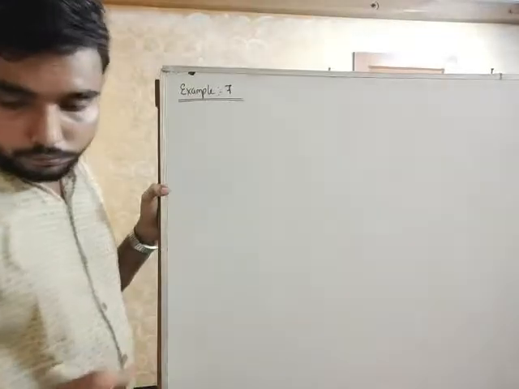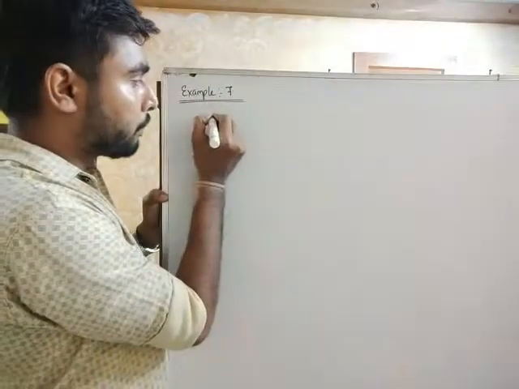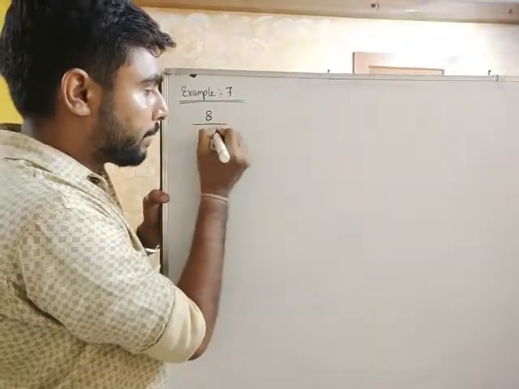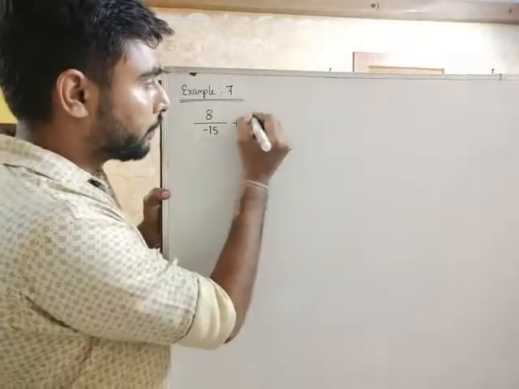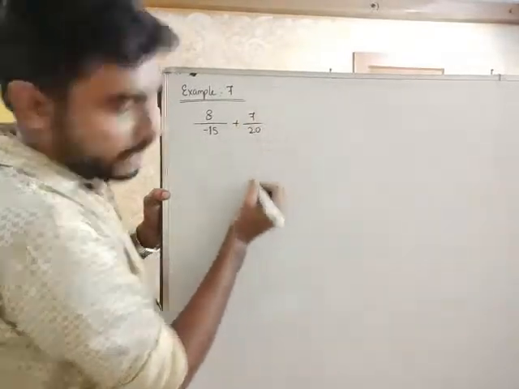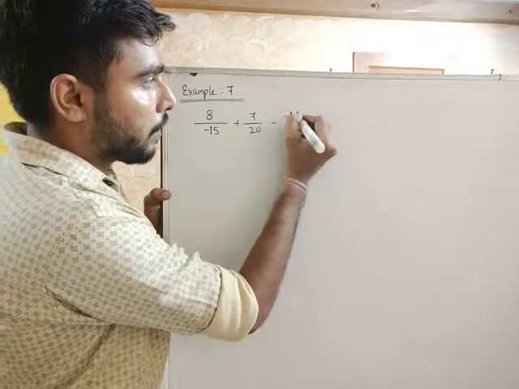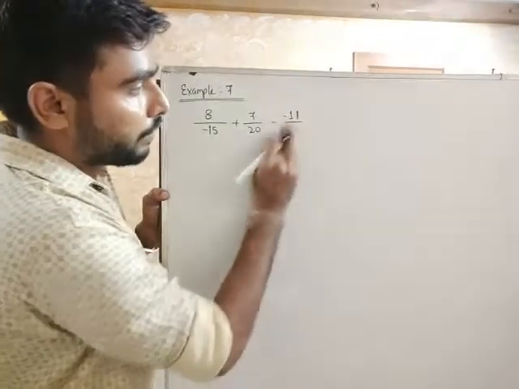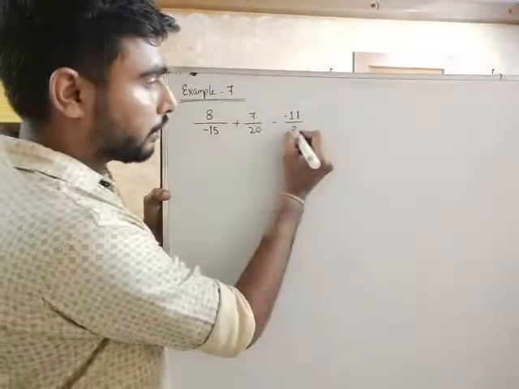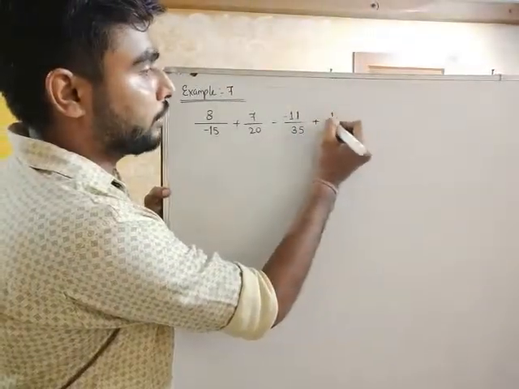The question says simplify 8 by minus 15 plus 7 by 20 minus 11 by 35 plus 1 by 5.